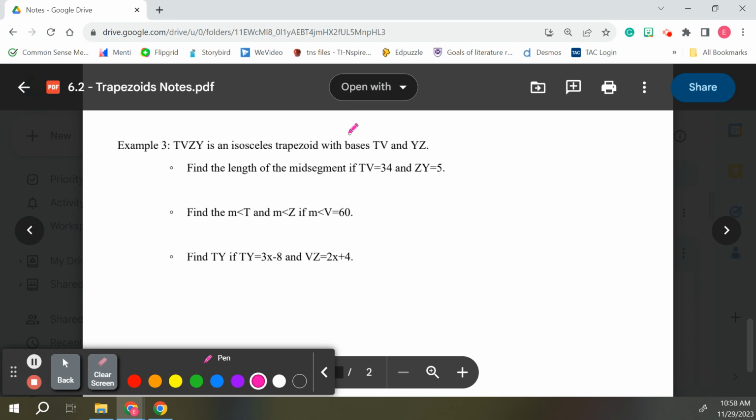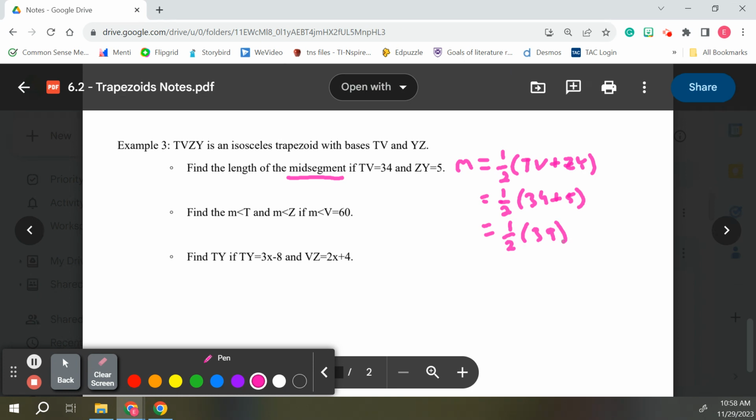So again, remember, this is going to be the midsegment, I'm just going to call it M in this case, is going to equal 1/2 times TV plus ZY. So it's going to be 1/2 of 34 plus 5. So this is 1/2 of 39.